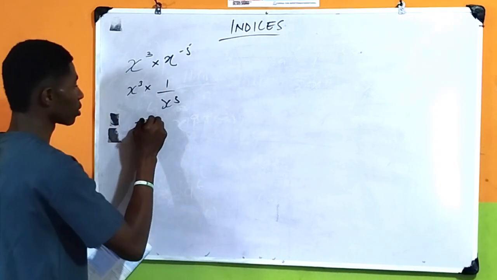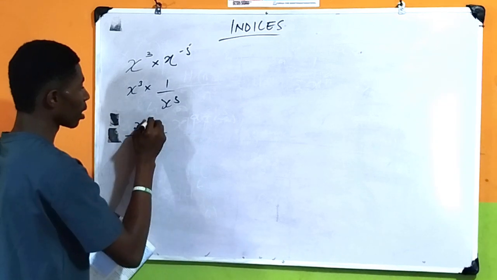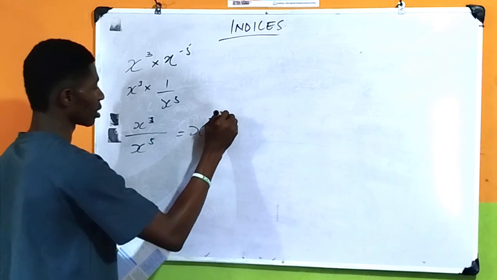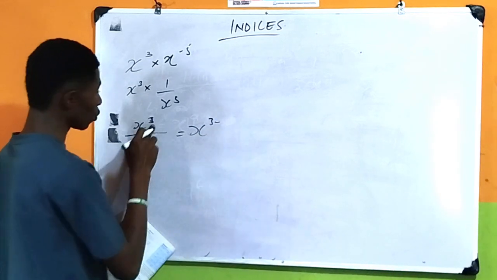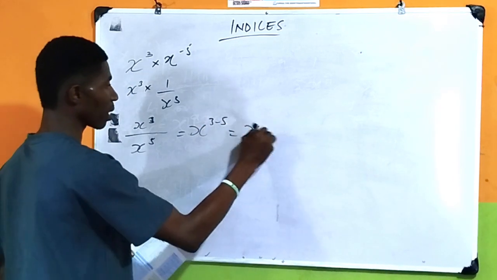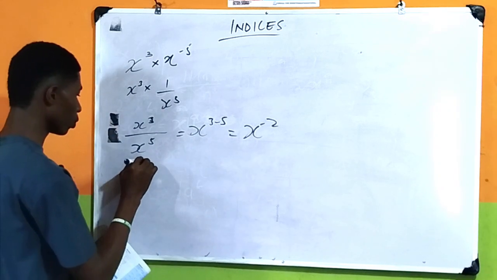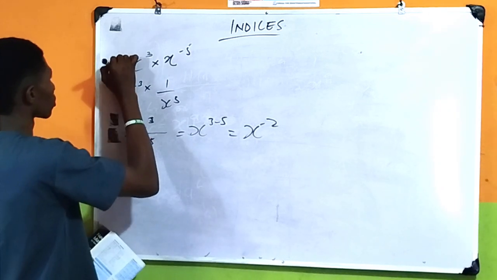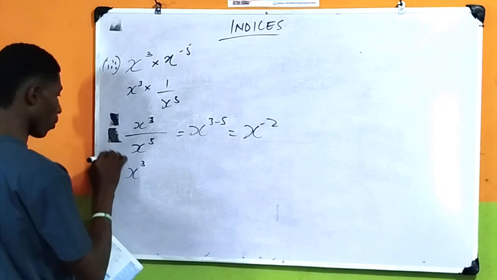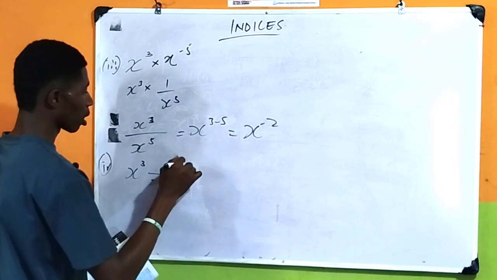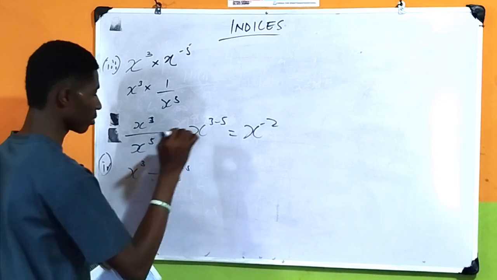I have x cubed over x^5, which is x^(3-5), which is equal to x^(-2). Or another example, this is number 4: x cubed divided by x^(-5).